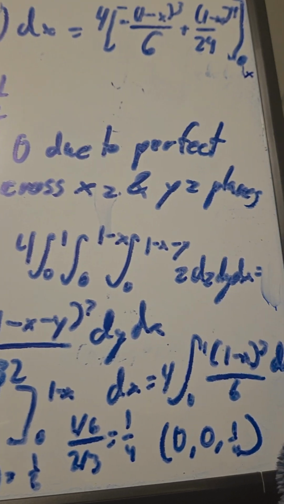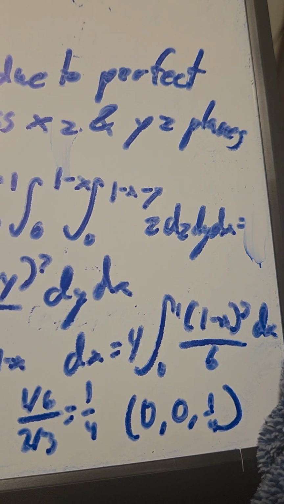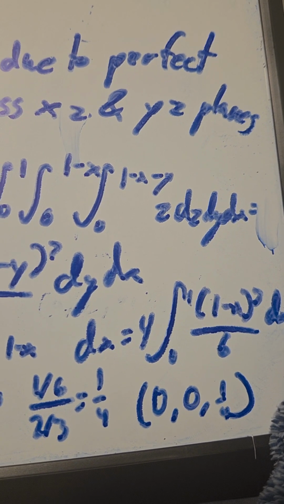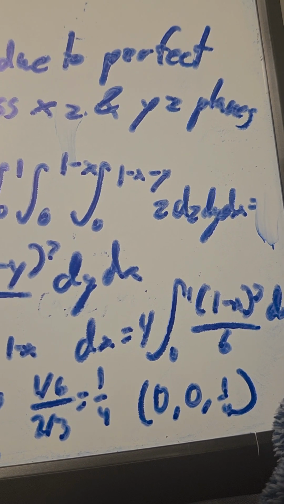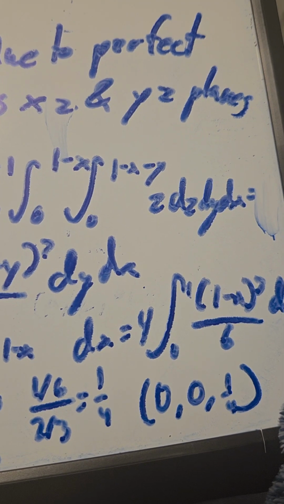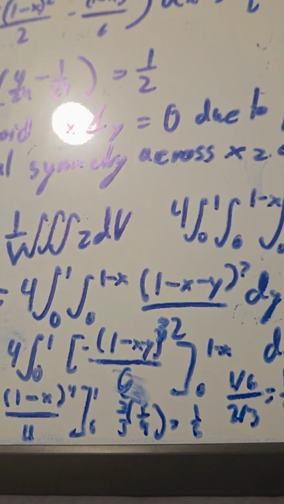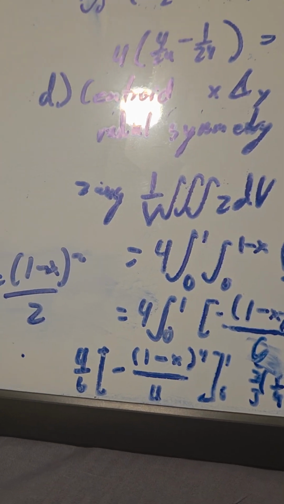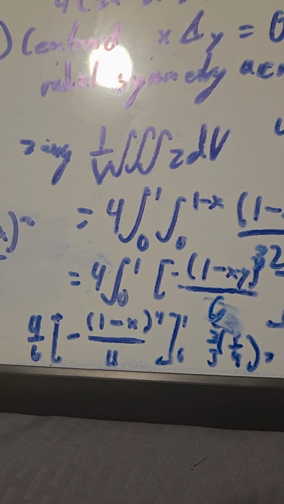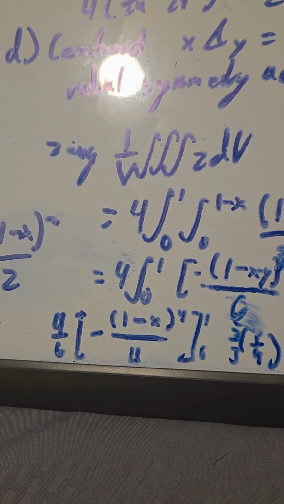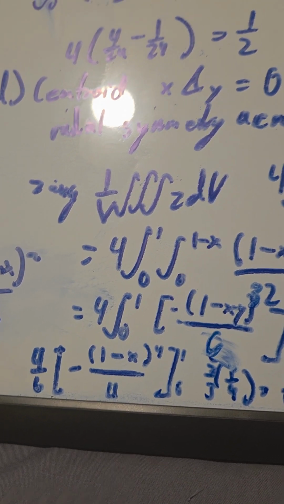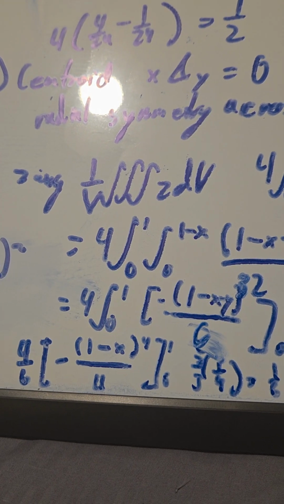But yeah, we get 4 times the integral from 0 to 1 of (1 minus x) to the 3rd over 6. And then we evaluate all of that. You bring the 6 out. And, gosh, this looks terribly messy.